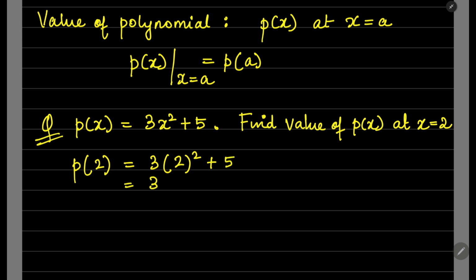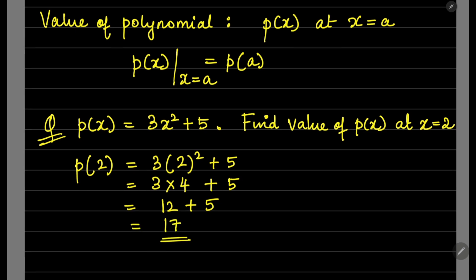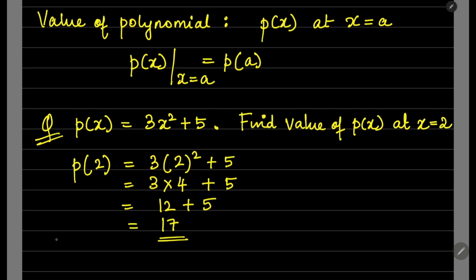Just solve it. 3 into 2 square is 4, so 12 plus 5, which is equal to 17. So the value of the polynomial p of x at x equal to 2 is 17.